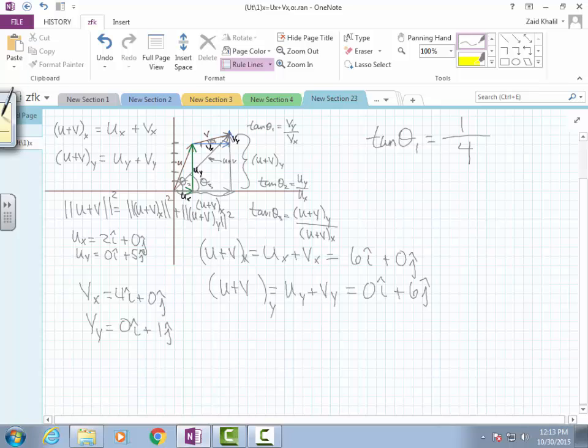And so notice, I'm just taking the norms of these vectors. In other words, what's the length of this vector? 1. What's the length of that vector? 4. And it's always going to be that way when you're taking components. Why? Because if you're looking at it purely in terms of components, one of those components is always going to be 0.